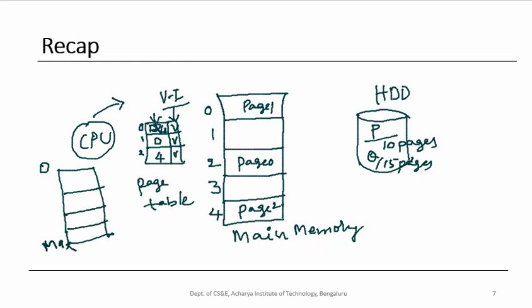The program might have all 10 pages, starting from P0 to P9, whereas only 3 pages have been brought into the main memory, and that too they are not stored in consecutive memory blocks. This view that the programmer gets is called the logical view, or virtual memory.